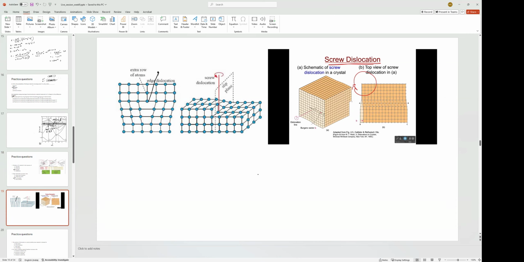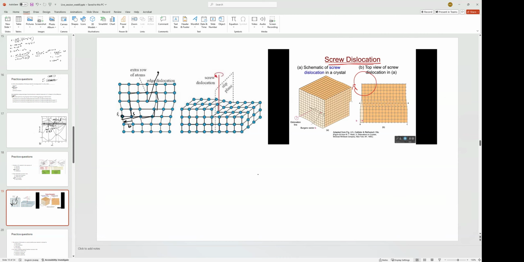I go three up, one, two, three, three to the side, one, two, three, three back down, one, two, three, and go back, one, two, three. I started from here, and this is my end point. Start and end. The difference between these 2 points is your Burgers vector, B.